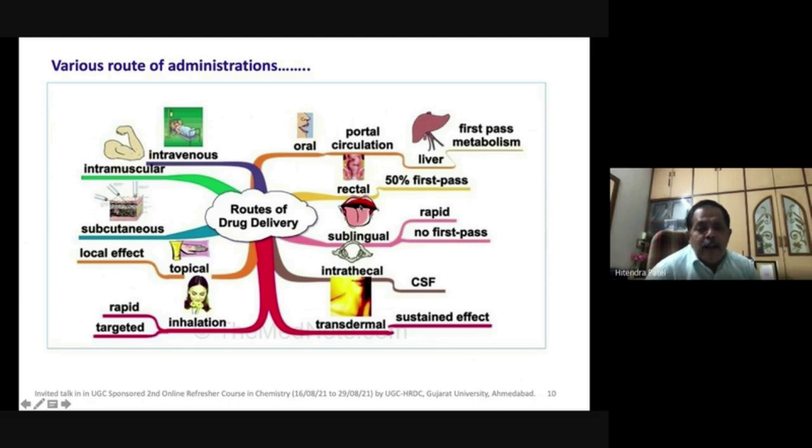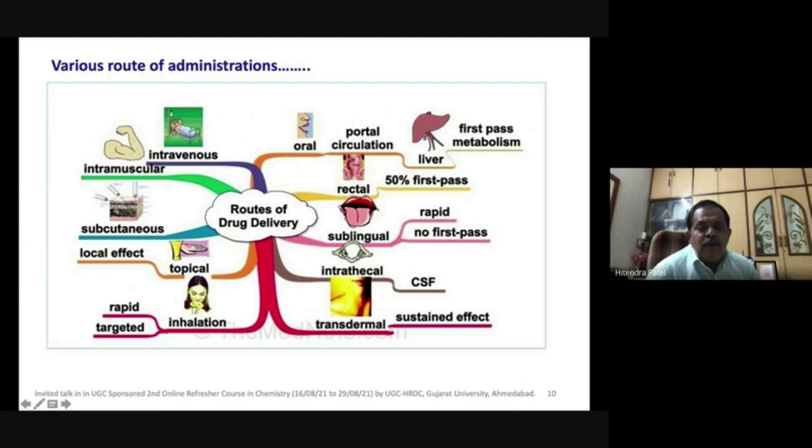For sublingual, as I already explained, we insert the drug molecule below the tongue and quickly get the effect. There is a rapid effect and no first pass metabolism takes place.